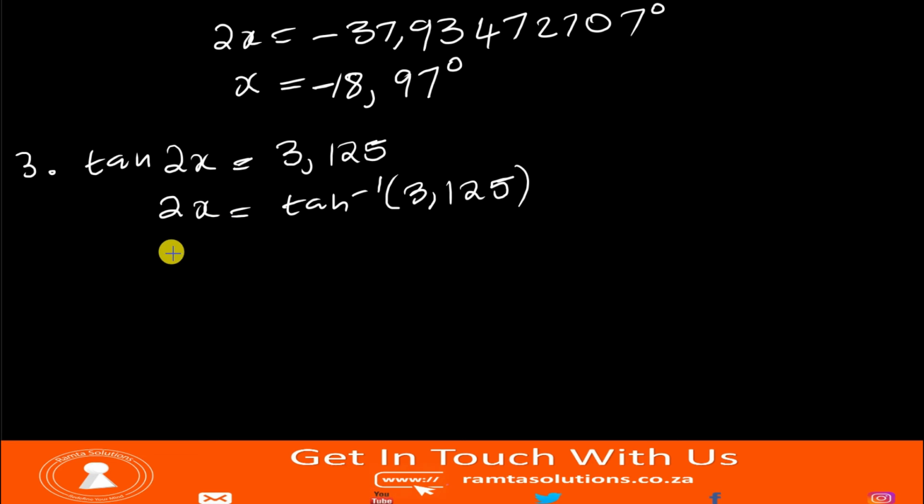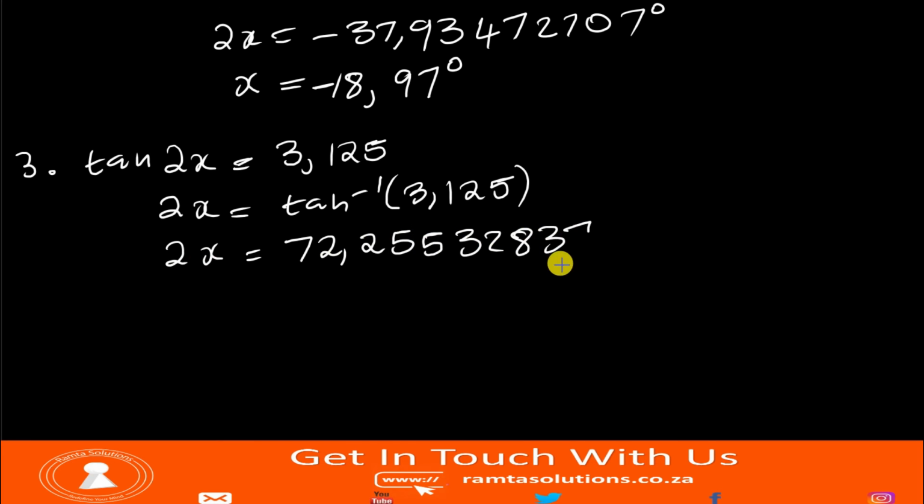I got 2x equals, remember what I said to you, in the middle of calculations, do not round off to the required number of places, just maybe round off to 4, 5, 6 maybe, but I'm going to write it in full. 72.32837.